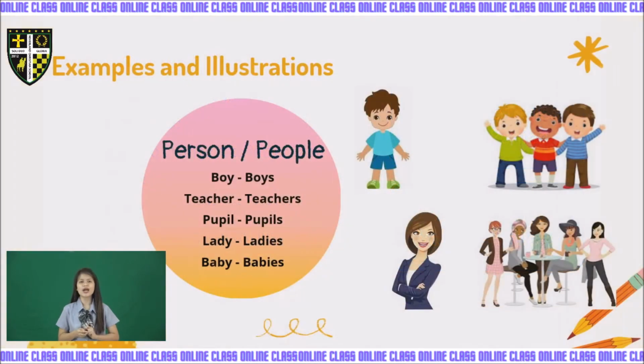Let's have more examples for the nouns with singular and plural forms. For person or people: boy, boys, teacher, teachers, pupil, pupils, lady, ladies, and baby, babies. These are nouns with singular and plural forms.